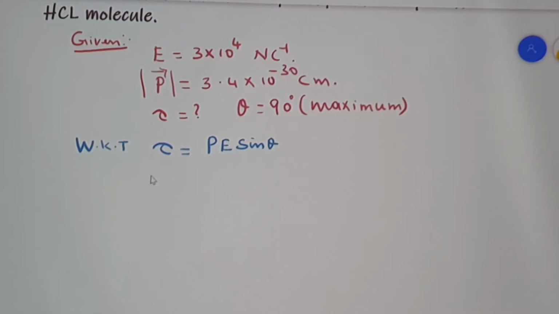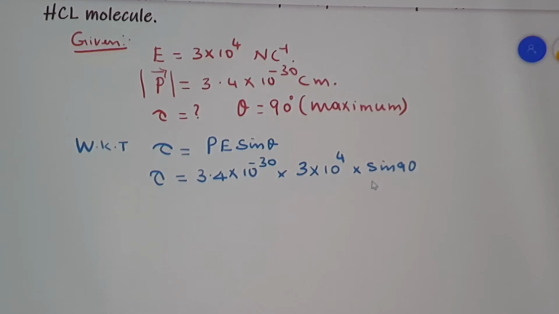So I can substitute torque tau is equal to 3.4 into 10 to the power of minus 30 multiplied with the electrical field E, that is 3 into 10 to the power of 4, multiplied with sin theta, that I can write sin 90, and this term sin 90 tends to become 1.